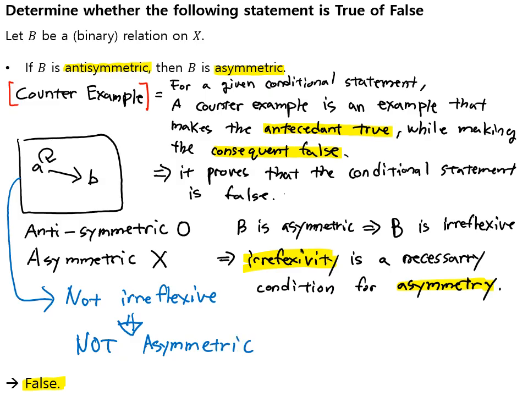And this is because asymmetry implies irreflexivity. So in order for anything to be asymmetric, it has to first be irreflexive. And since this binary relation is not irreflexive, it can't be asymmetric, okay? So the point is that here's a relation that is anti-symmetric, but since it is not irreflexive, it can't be asymmetric. Therefore, the fact that the relation is anti-symmetric does not imply that the relation is asymmetric, right? Therefore, the statement is false. Okay?